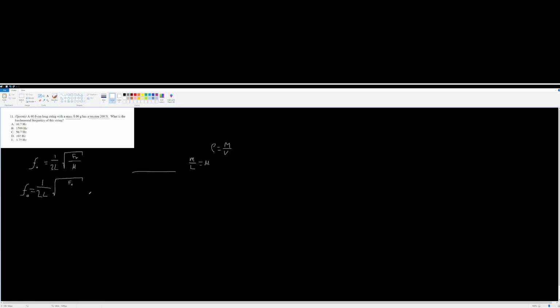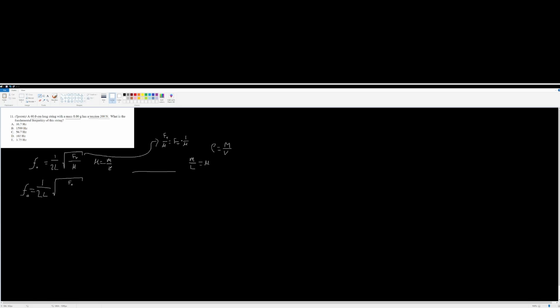We don't have a linear mass density, but we can calculate it by simply calculating M over L. And if we just plug this in here, we can think of Ft over mu as Ft times 1 over mu.